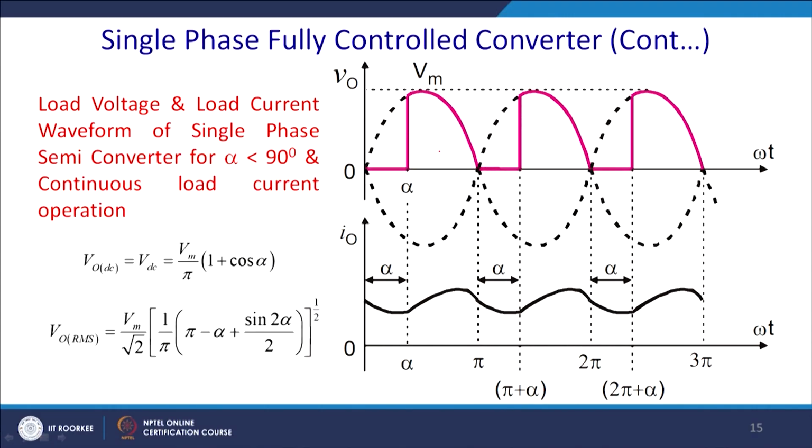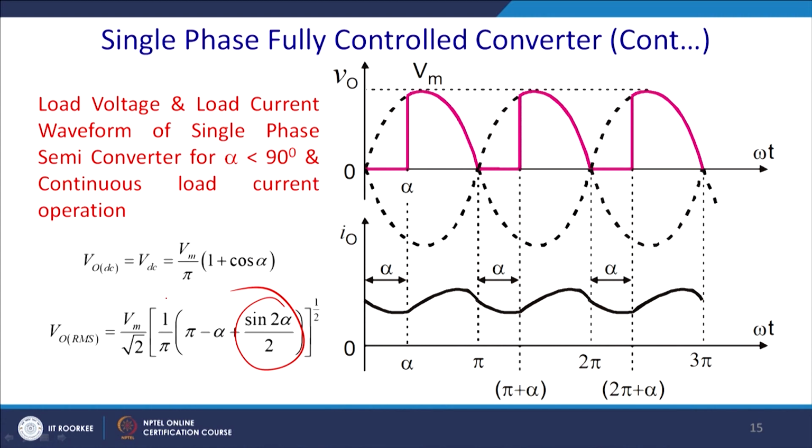Same way, we can find the RMS value by integrating over it. So, we can get Vm by root 2 times the square root of 1 by pi times (pi minus alpha plus sine 2 alpha by 2). So, you can expect that in the voltage there will be some oscillation of double frequency.